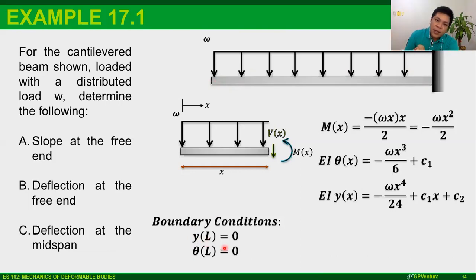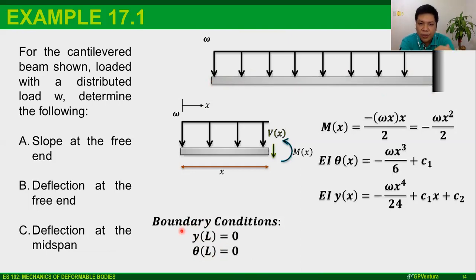And similarly, aside from the deflection, the slope theta at the fixed support at x equals L is equal to 0. So these are the 2 boundary conditions for a fixed support.